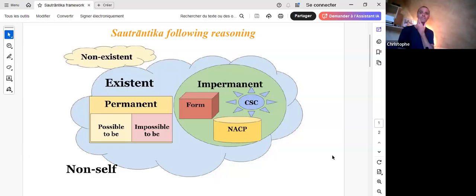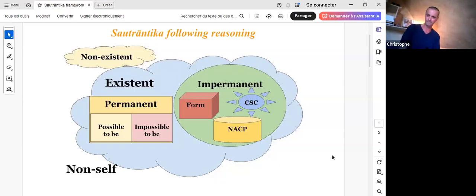So here, in the context of the Sautrantika following reasoning, the selflessness is not the same as the emptiness in the Madhyamaka or in the Prasangika Madhyamaka. It's a very gross level of selflessness. For the Sautrantika, that's the top of the selflessness of the person. And for the Mahayanist schools, it is very gross.